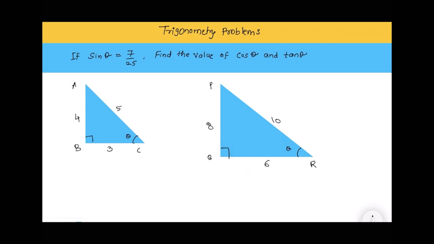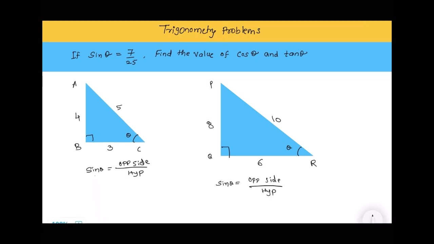Let's find sine theta value for both these triangles. As we have learned, sine theta is opposite side upon hypotenuse. So the opposite side of angle theta in the first case is 4, hypotenuse is 5. Sine theta value is 4 upon 5. In the second case, the opposite side is 8, hypotenuse is 10.